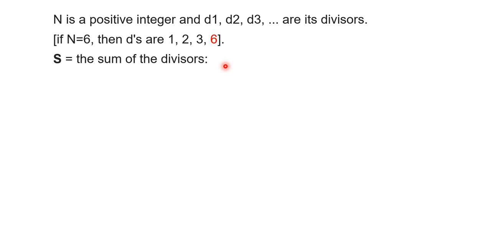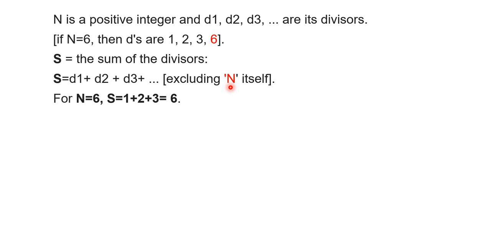Now let us define a new term s, which is for the sum of the divisors, that is d1 plus d2 plus d3 plus etc., of course excluding n. It is obvious that 6 would be a divisor of 6, that's why it is excluded and marked red.